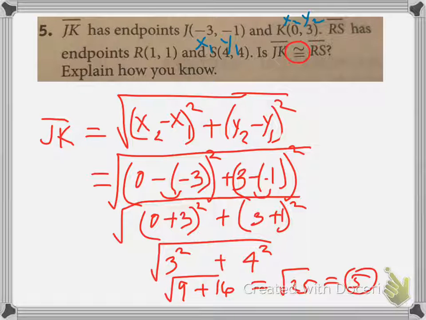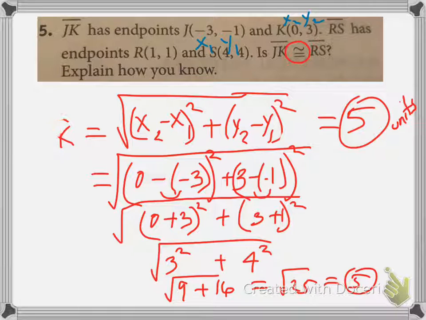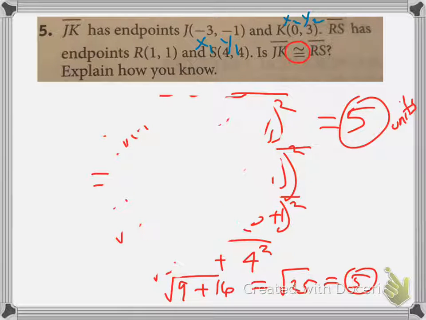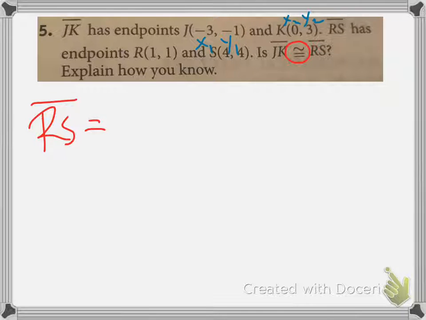Now we have to find the next one. I know JK is 5 units. Now we're going to do the other one, RS, the same exact way.